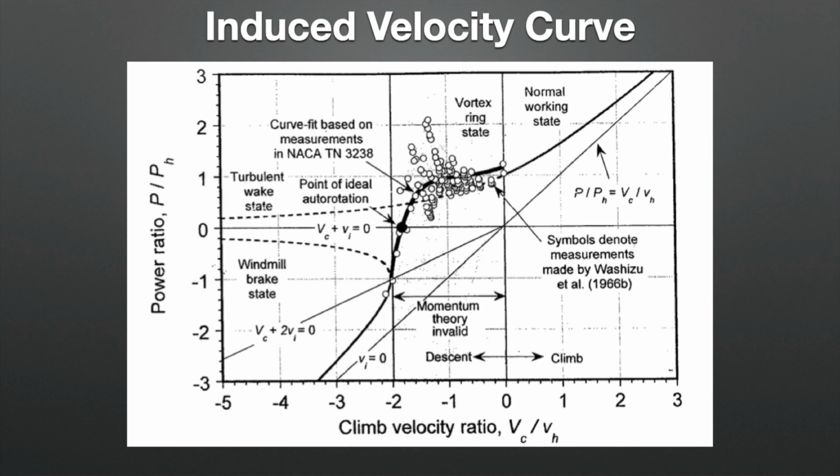By the conservation of mass you get the formula for mass flow rate m dot, by the conservation of momentum you get the formula for thrust T, and by the conservation of energy you get the formula for work done, that is T into Vc plus Vi.